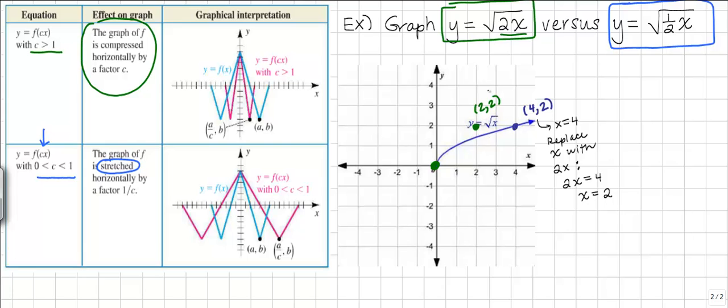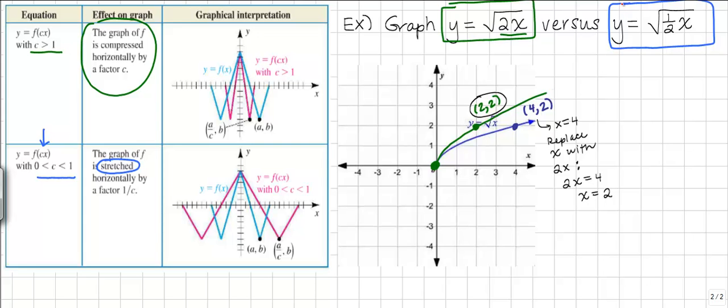So what this means is this ordered pair 2, 2 is where the ordered pair 4, 2 moves, if you will, under this compression. Okay? And if you want to, you can think of this as the graph is pushed back. The y stays the same, but the x's get smaller. Okay?